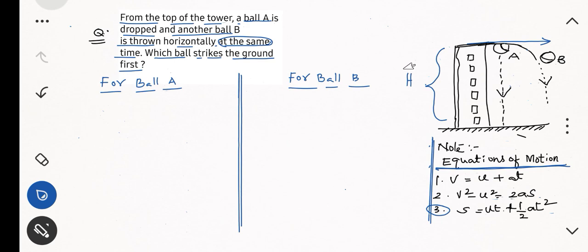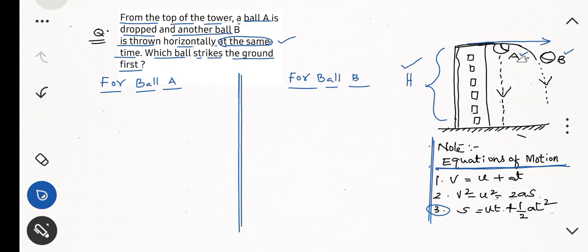Let us take H as the height of the tower and we have two balls, ball A and ball B. These two balls are dropped and thrown simultaneously, at the same time.